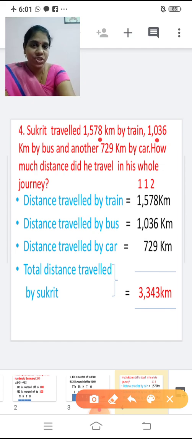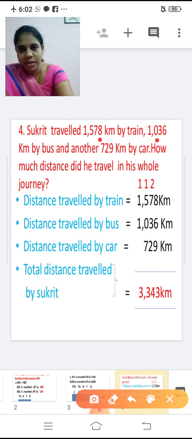He first traveled by train and then from there he traveled by bus and another 729 kilometer by car. Then he took a car and traveled by car. How much distance did he travel in his whole journey?